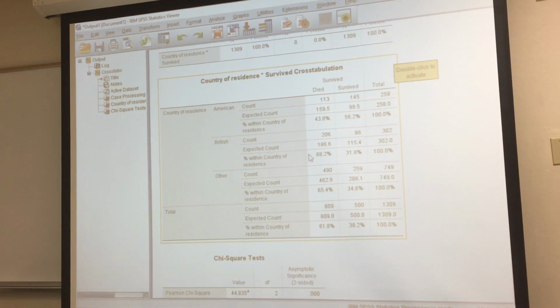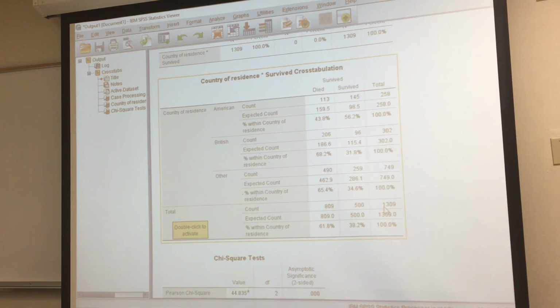You can see the cross tabulation or the percentage for each category. We can see this part at first. This part is the total count.